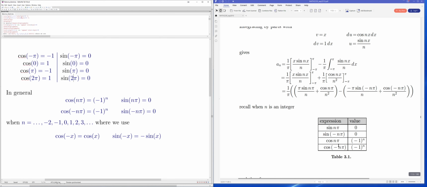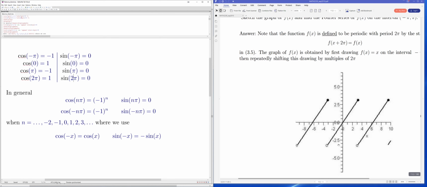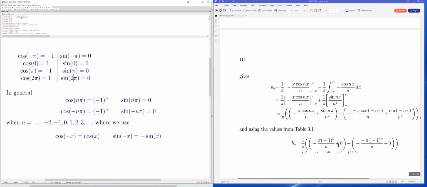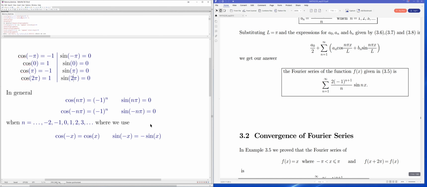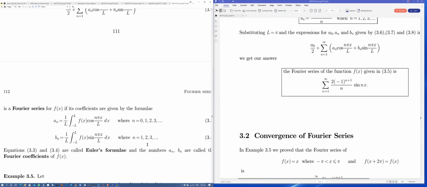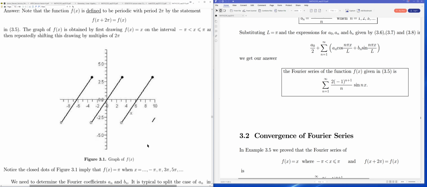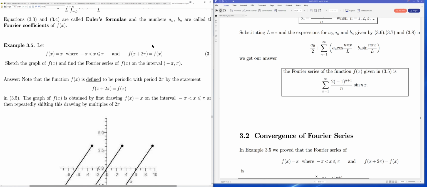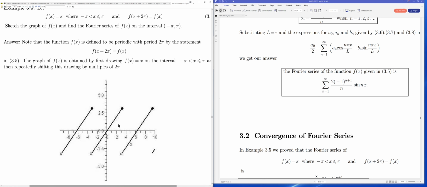So this function, given by this graph, the function specified here and displayed by this graph, this is its Fourier series.